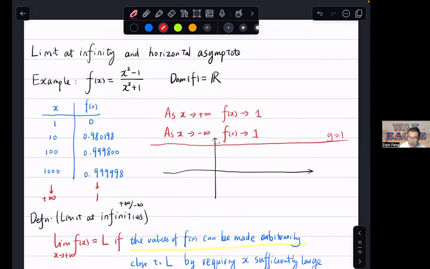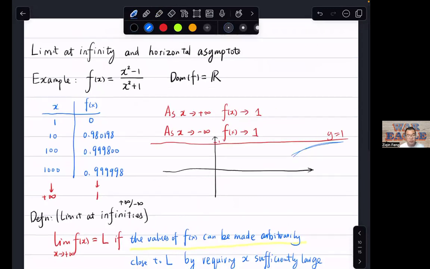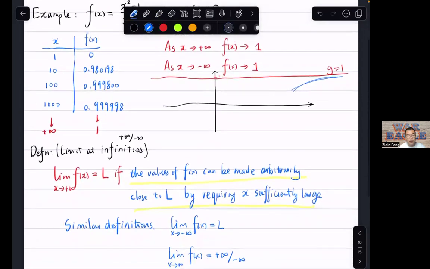What happens on the right side is something like this. That means y equals 1 is a horizontal asymptote, because our curve is getting closer and closer to that horizontal line.